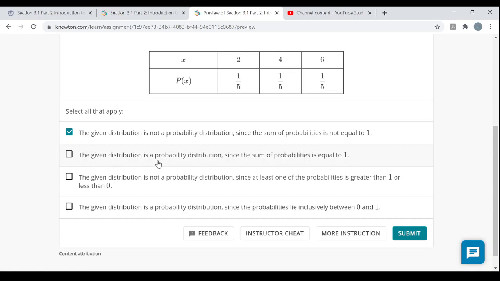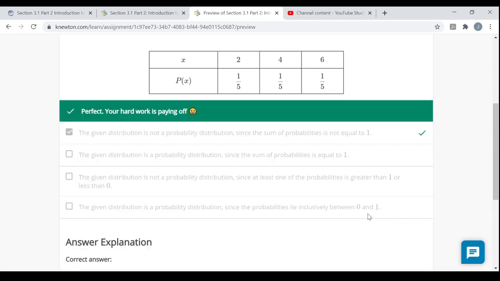The given distribution is a probability distribution. No, it is not. It is not a probability distribution since at least one of the probabilities is greater than 1 or less than 0. Well, no, these are all 1/5. That's between 0 and 1. So that's the only reason here that it is not a valid probability distribution. Okay.